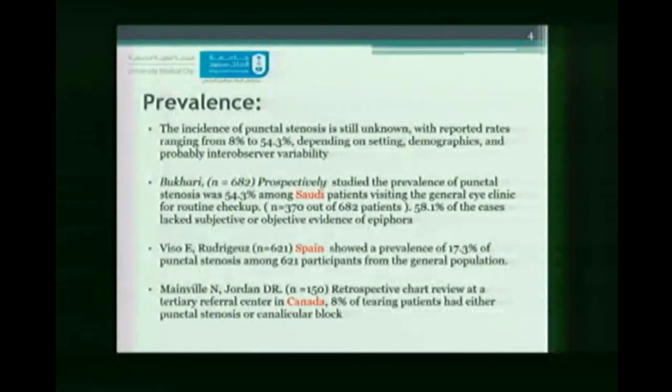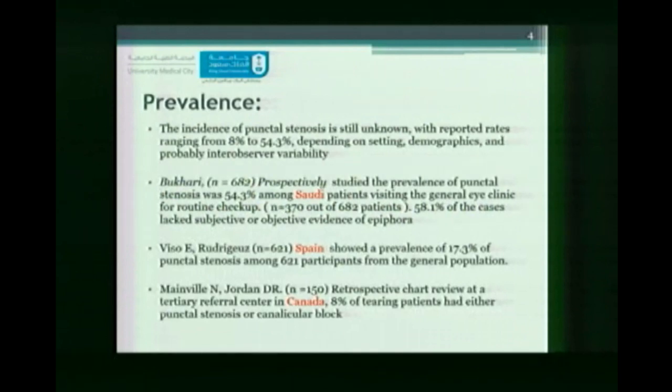One of the largest case series was done here in Jeddah by Dr. Amal Bukhari from King Abdulaziz University Hospital, in which she prospectively recruited 682 patients coming to a general ophthalmology clinic. Among those, 54% had some sort of punctal stenosis. The strange fact: 58 of them were asymptomatic.